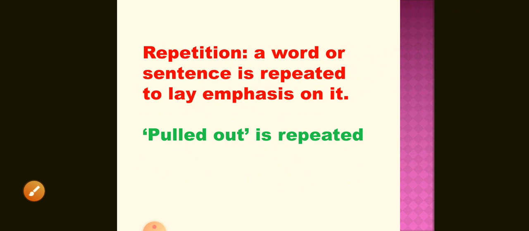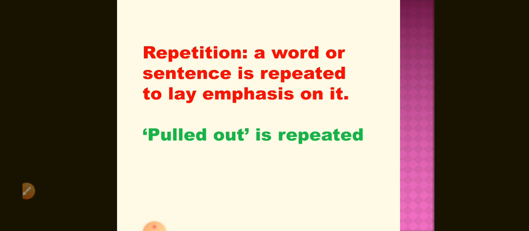Now the next is repetition. Repetition is using a word, phrase or clause a number of times to lay emphasis on it, or to provide unity to the poem. You can see "pull out" is used so many times.